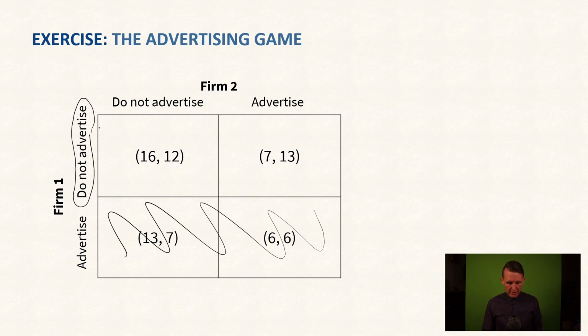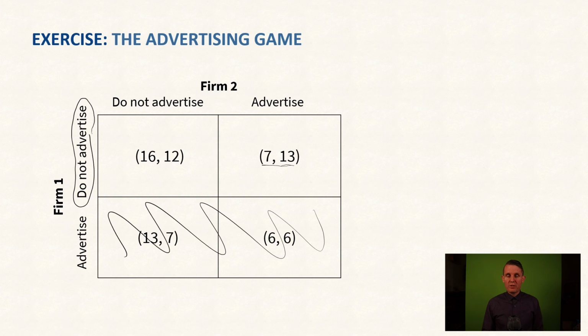Then it just becomes a game with one action available to firm 1, do not advertise, in which case firm 2 can choose to advertise. This is the best response for do not advertise, and therefore it's a strategy that firm 2 should play. It's strictly not a dominant strategy because a dominant strategy has to be the best response for all possible actions.